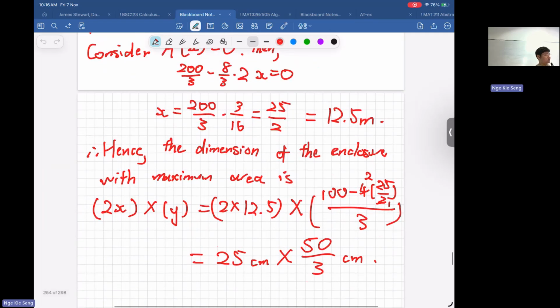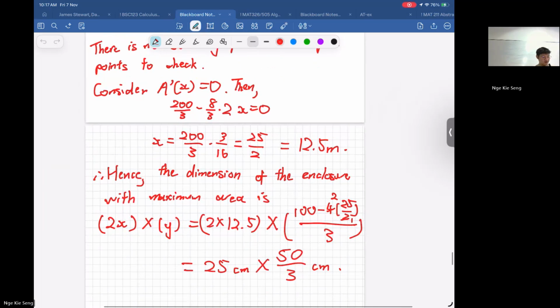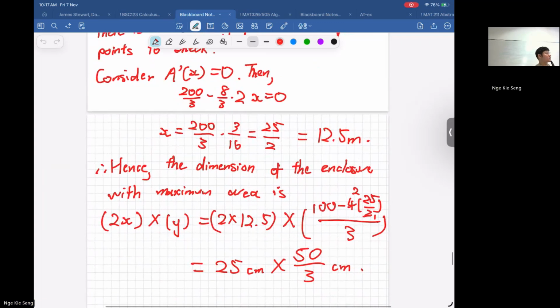Is x 25 or y 25? Y is 25? You mean I computed wrong? It's different, but you can check the calculation, right? Have you checked? So is it correct or wrong? Did you check? And then?